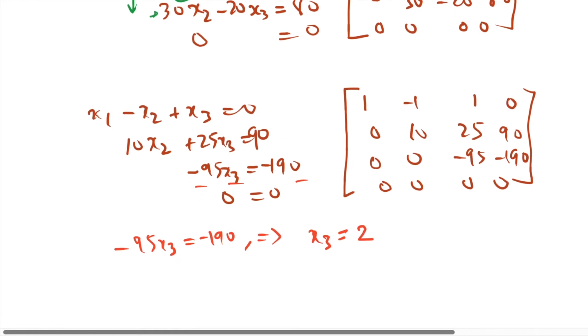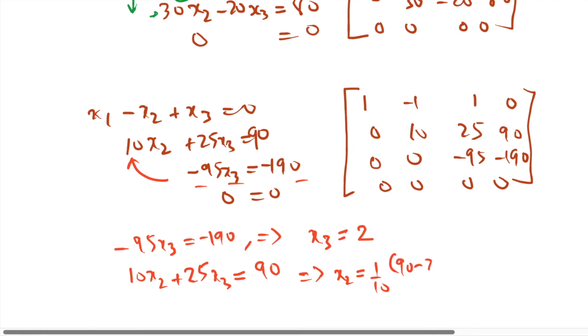Now let's go to the second equation. We know that 10x2 plus 25x3 is equal to 90, and this implies that x2 is equal to 1 by 10 times 90 minus 25x3, and you can work it out. I think it will be 4.